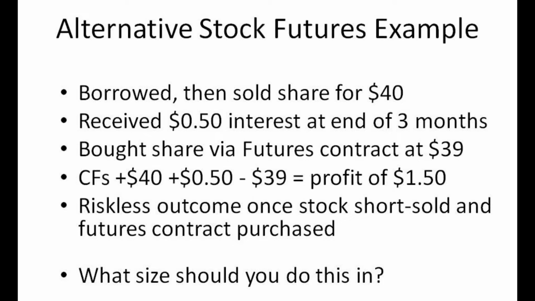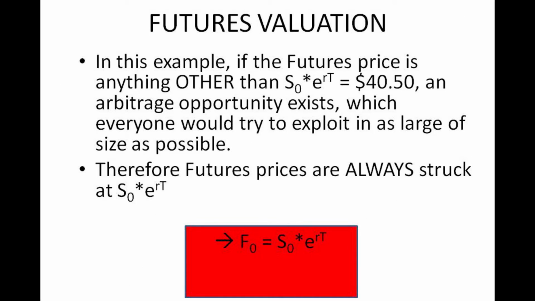So we have to ask ourselves, what is the fair value of the futures contract? And as we can see here, the only price the futures can be trading at in order to not provide an arbitrage opportunity is $40.50. And so that really then just leads us to what the formula for the price of a futures contract is.